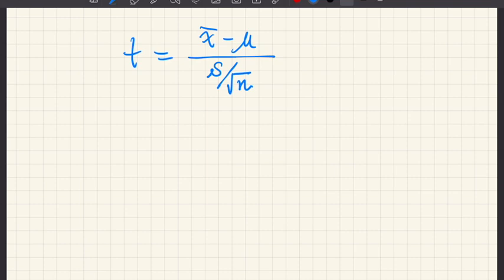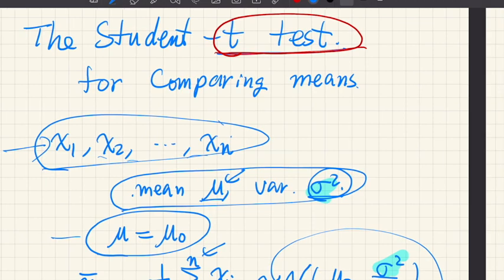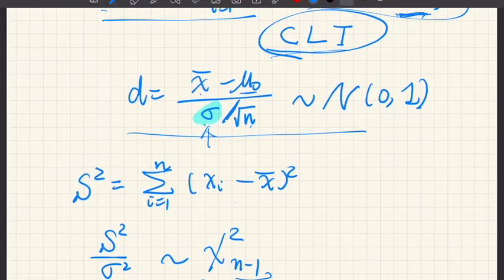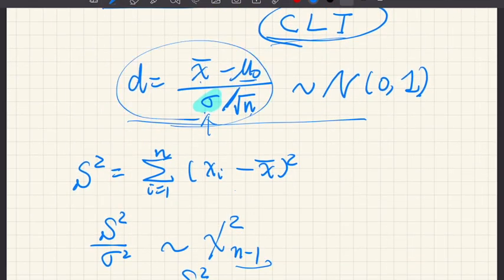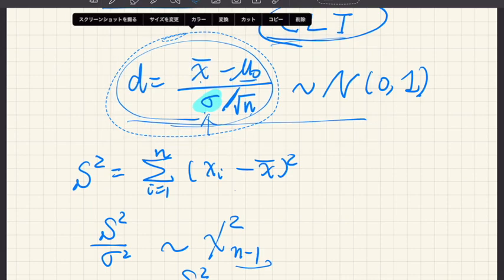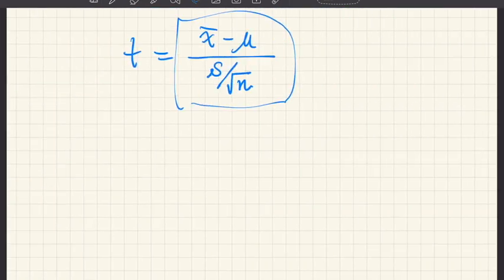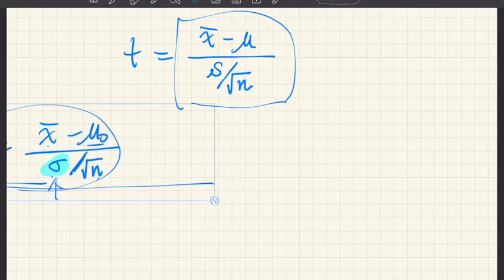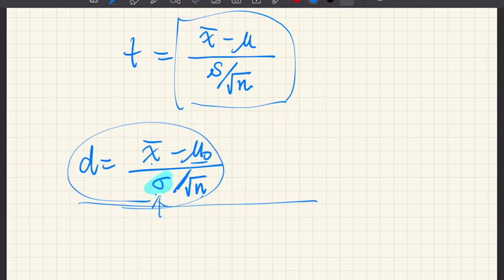Do you remember how we got this? Let's take this. On one hand, we have this, which follows the standard normal distribution.